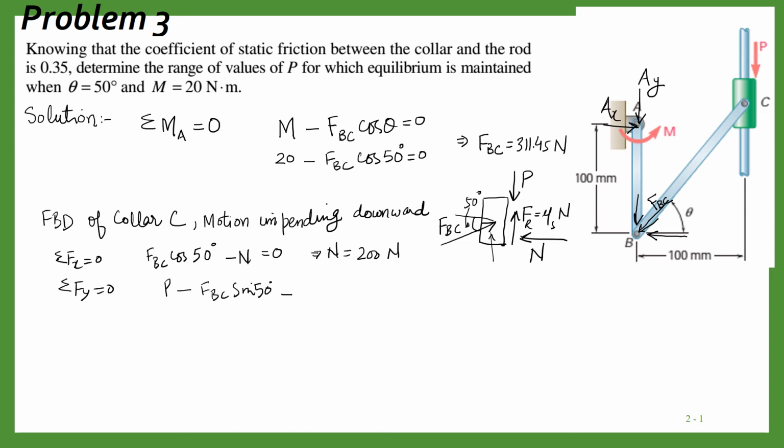So mu s is given as 0.35. So mu s into N, which we already got as 200, equal to 0. So from this we know the value of this FBC, so we can get the value of P, which comes out to be 168.35 Newton.